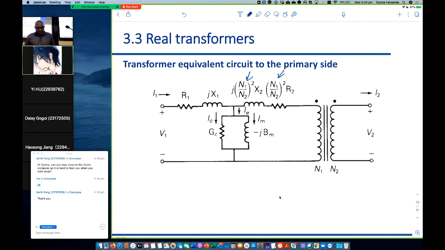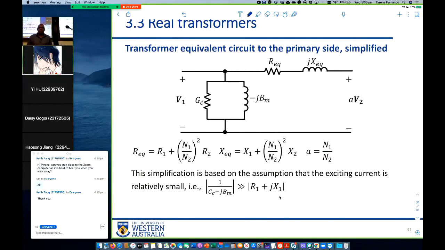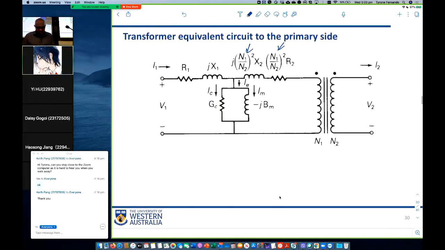And if this current IE flowing in the shunt branch is small, we can make a further approximation. In fact, we can shift the shunt branch to the left to simplify calculations, which we're going to do. So we have now shifted that shunt branch to the left so that these resistors and reactances can be added with these. So this part here now moves here.